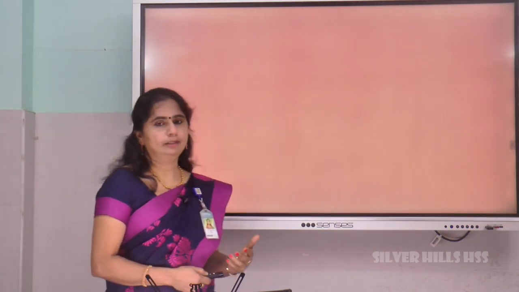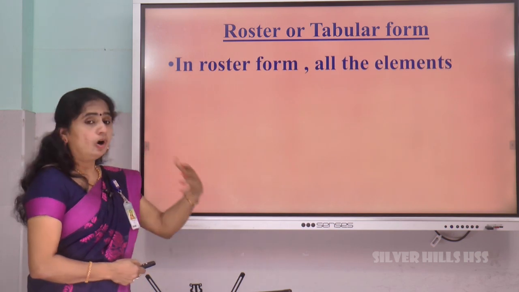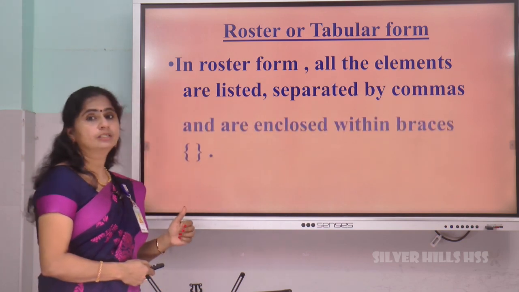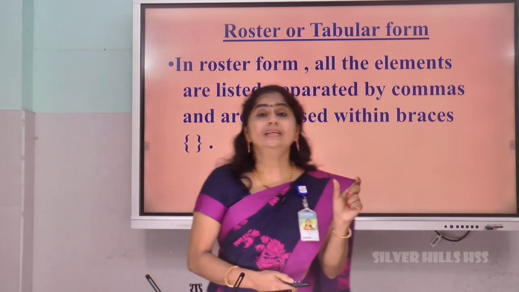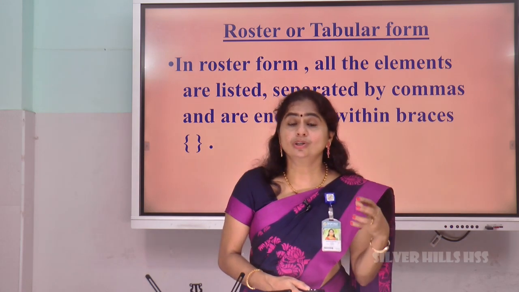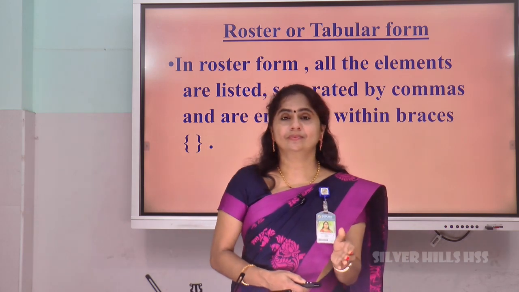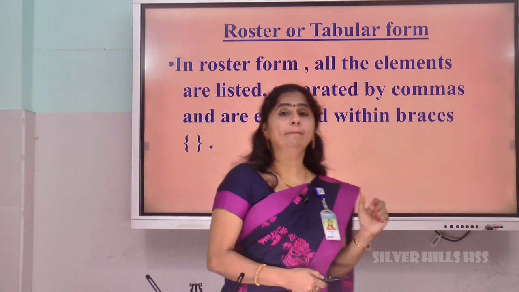Roster or tabular form means all the elements are listed, separated by commas, within the braces. So, roster form means we are listing down the elements separated by commas enclosed between the braces.